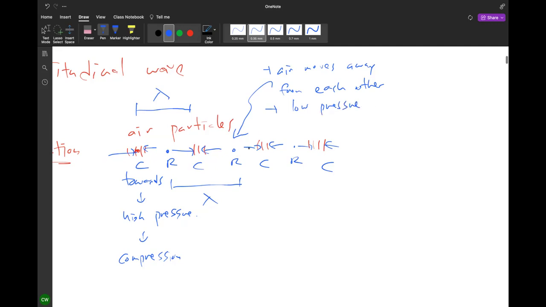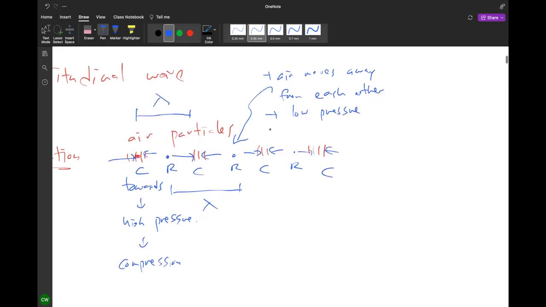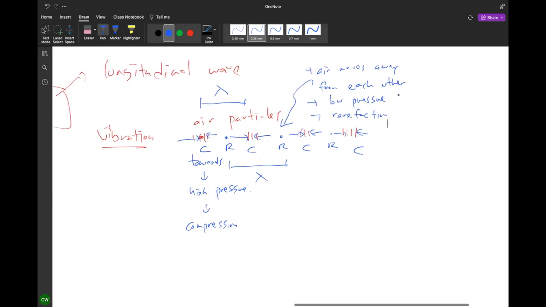So they cause a low pressure region and it's called the rarefaction. Okay, so basically this is all about the sound wave. Any problem? Sound wave: medium, longitudinal, all known already.